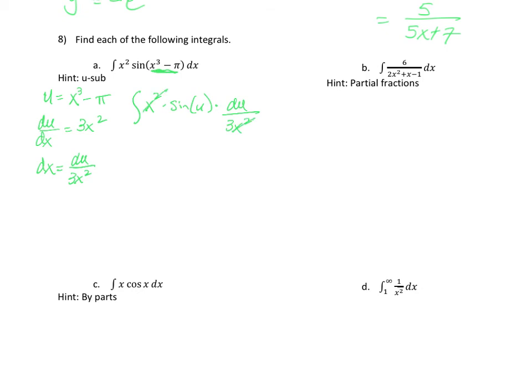So the x squareds cancel, and this becomes 1/3 the integral of sine u du. And a function whose derivative is sine would be negative cosine. So this is negative 1/3 cosine u plus c, and then replace the u. So this is negative 1/3 cosine of x cubed minus pi plus c.